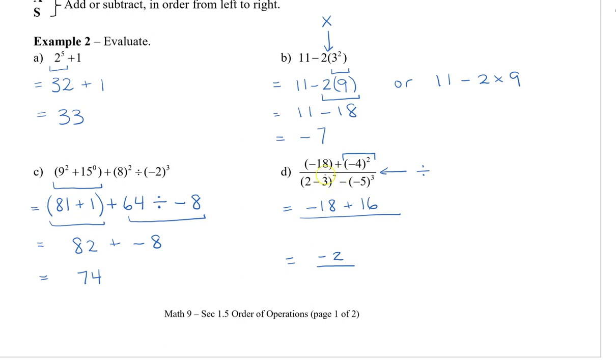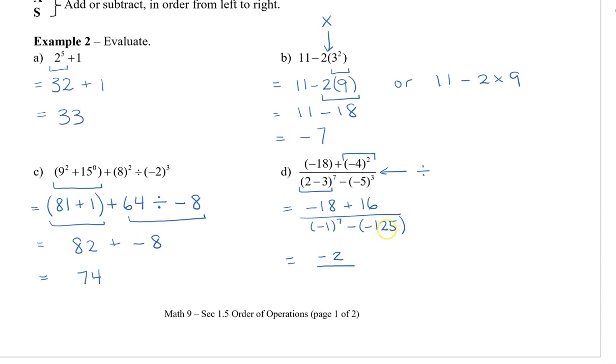So in the denominator, we have to do our brackets first. So that's going to be 2 minus 3. So that's going to be negative 1 to the power of 7 minus. And we're going to also do this exponent at the same time. So we have negative 5 cubed, and negative 5 times negative 5 times negative 5 is negative 125.